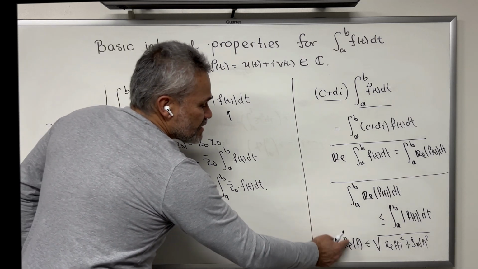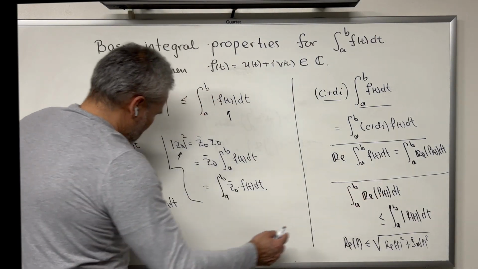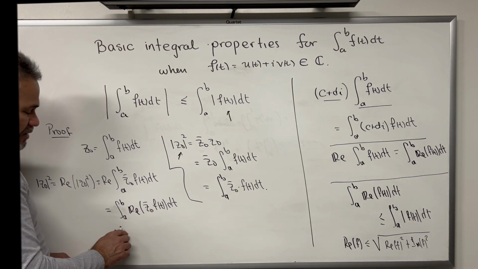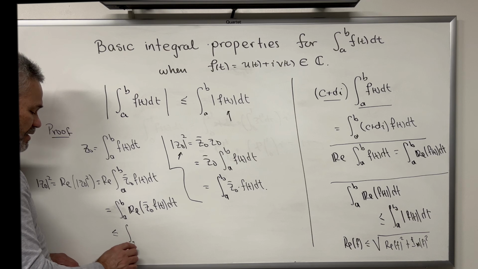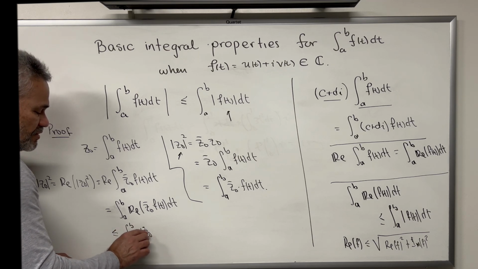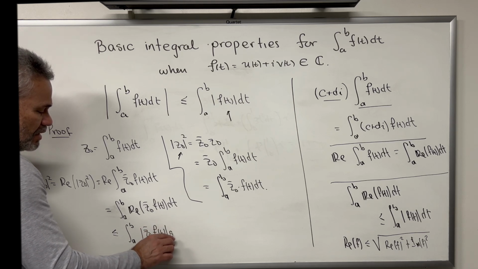And now we use this inequality. Remember that this inequality is true for any function. We are applying it to the function c sub 0 conjugate times f of t, and then we can say that this is smaller or equal than the integral from a to b of the norm of c sub 0 conjugate times f of t dt.